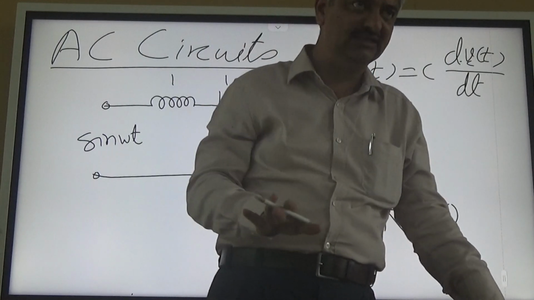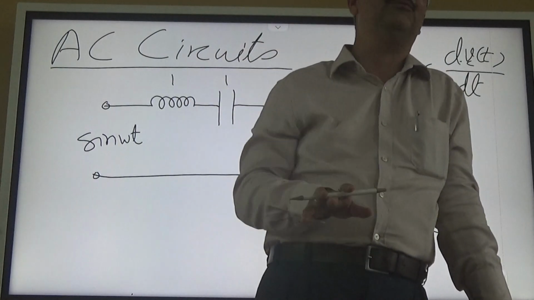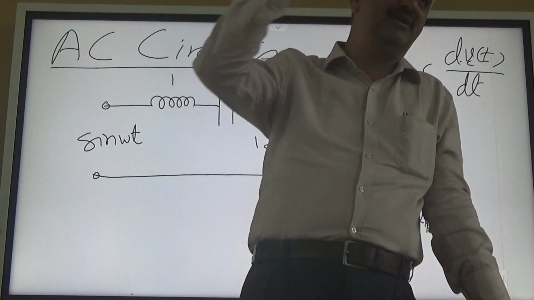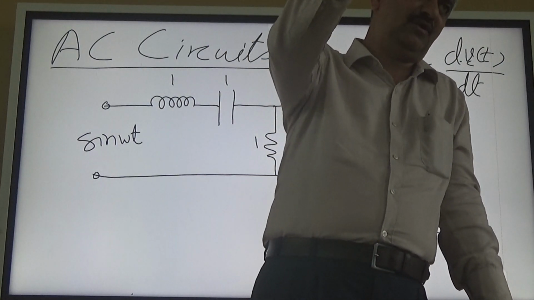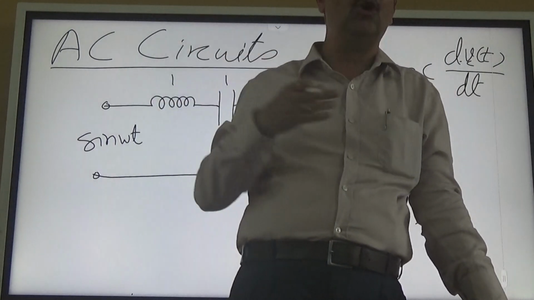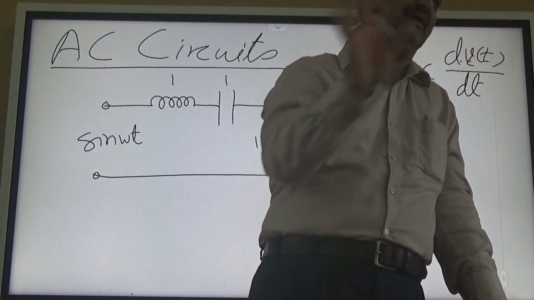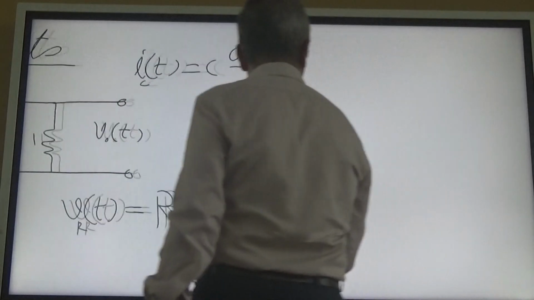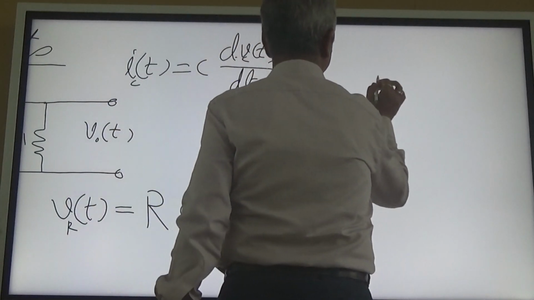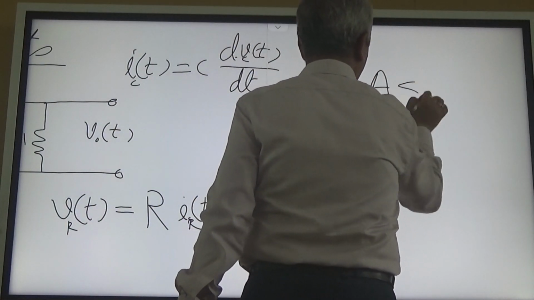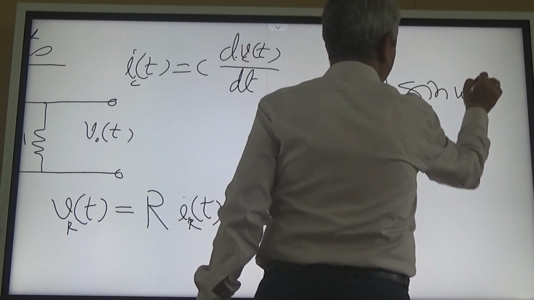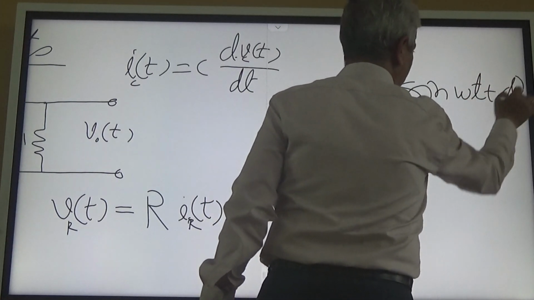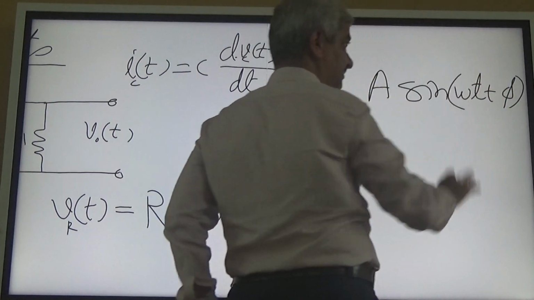A sinusoidal signal is represented by the form a sin(omega t plus phi), or b cos omega t plus a sin omega t, either way. So whenever it is a sinusoidal signal, a sin(omega t plus phi), that doesn't matter because in the derivative that phi doesn't come directly.